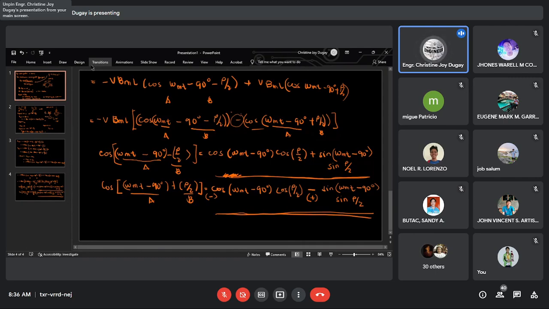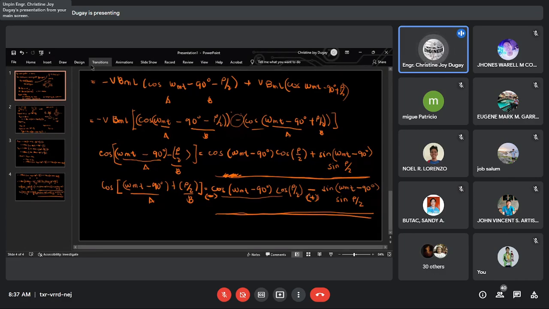So that is equal to, kung i-minus ko na siya, nasundan na po ba? Minus ko siya kay cosine, magiging negative na si cosine. Ito, ayan, cos, magiging negative, maging positive na si sin, no?